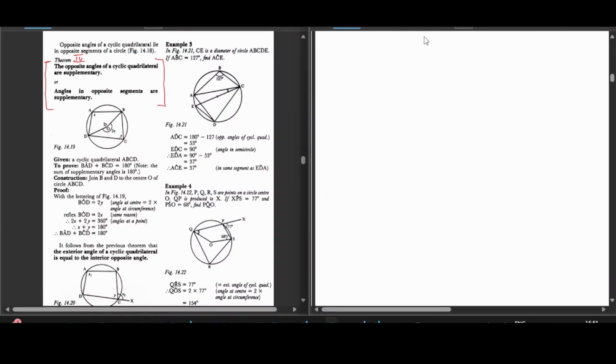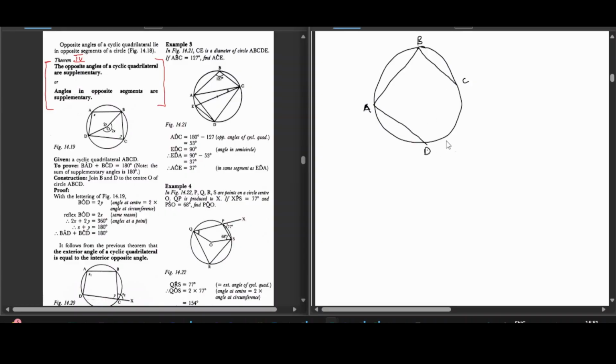So I will reproduce the diagram to be able to illustrate how it works. When you are answering this in your ZIMSEC paper 1, paper 2, you don't have to repeat it because you can just use your pencil to scribble around. So I'm going to try to draw this shape as it is.